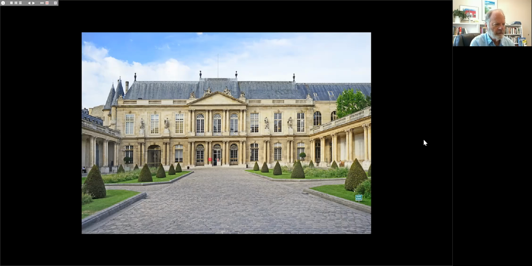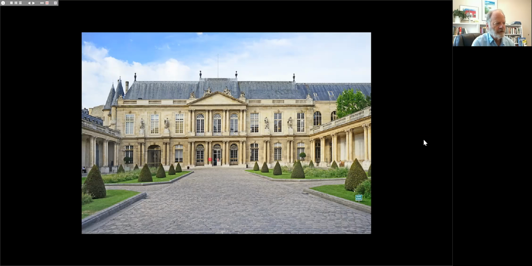And we're looking here at the entrance court. And you'll notice that on the exterior, the building is relatively restrained in its decoration. Big windows that let a lot of light into the interiors in a climate that tends to be cloudy and darkish as compared with Italy.